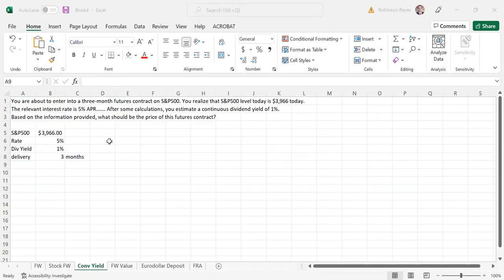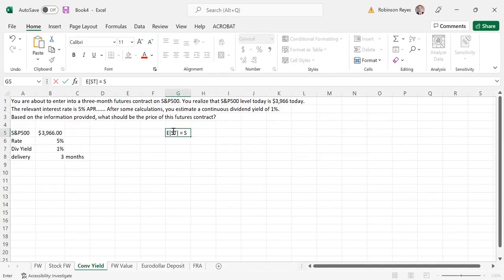As a matter of fact, we had this formula: expected ST is equal to S0 multiplied by exponential of (R minus the dividend yield) multiplied by time, and all of this is the exponent of the exponential function.